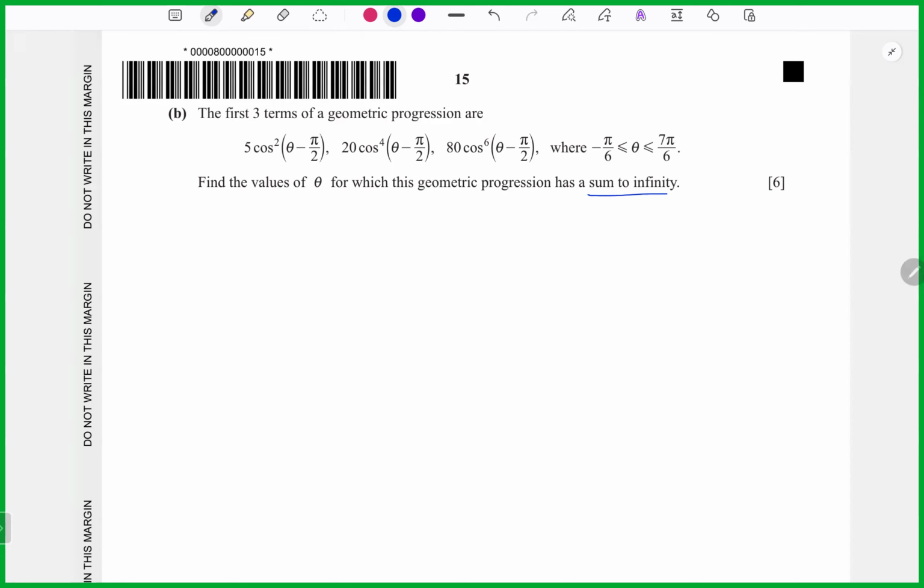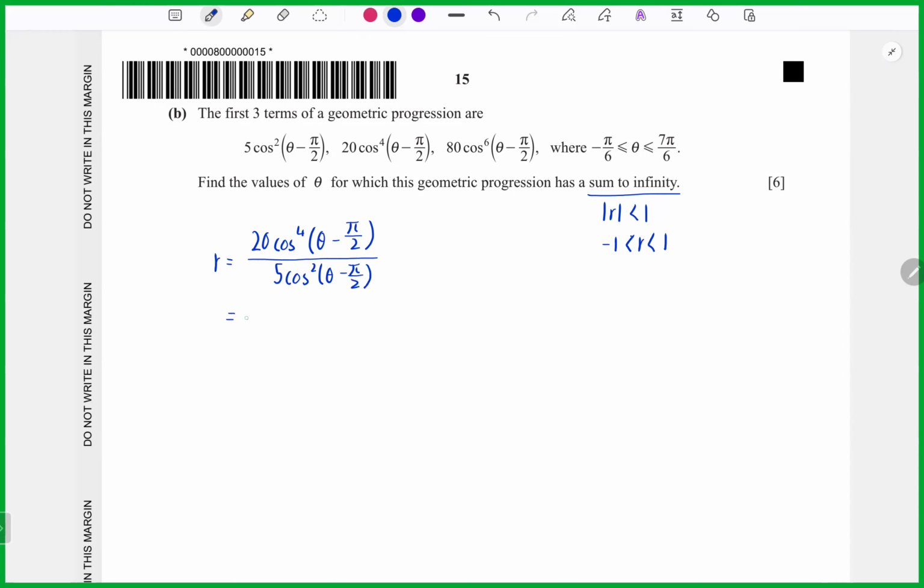When it's this keyword sum to infinity, we also need to know the common ratio must be between negative 1 and positive 1, right? So the important thing is we need to find the common ratio first. So you can take r equals 20 cos to the power 4 (theta minus pi over 2) over 5 cos squared (theta minus pi over 2).